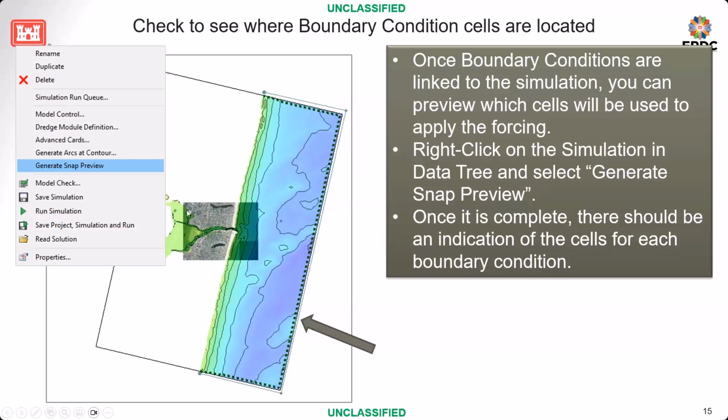Or when you're looking at rivers, it'll tell you exactly which 3 or 5 cells are going to be forced with that boundary condition information, and then you can make choices on, are those the right 3? Do I need to change the size and shape? Things like that.